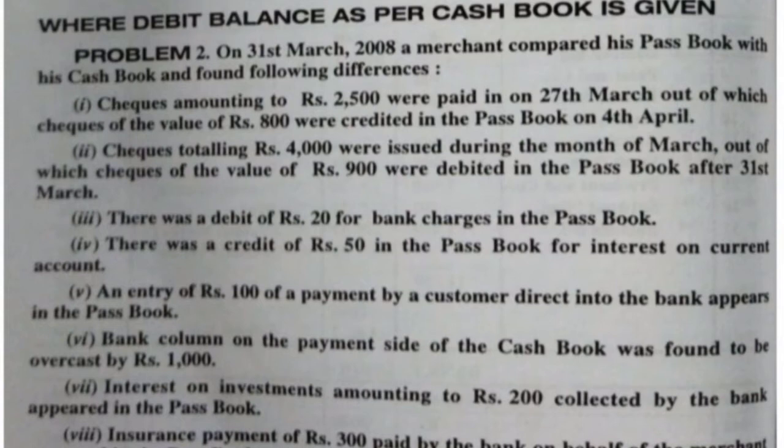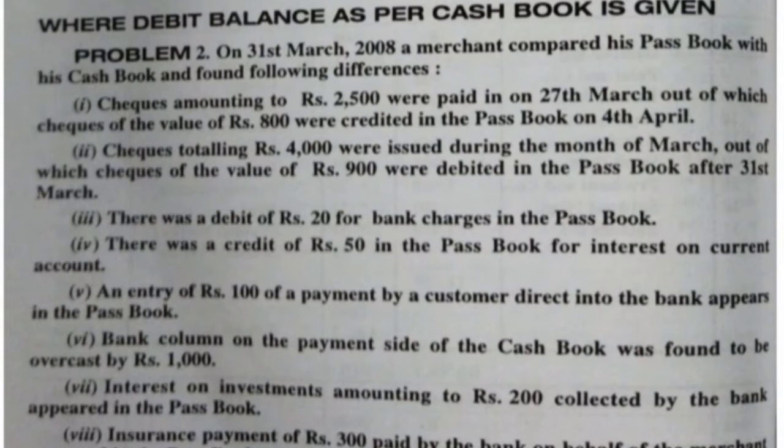In the cash book, we might have credited. We, meaning the customer of the bank, might have credited, but the bank has debited in the passbook after 31st March. So in the passbook the expenditure is not yet decreased in the month of March.